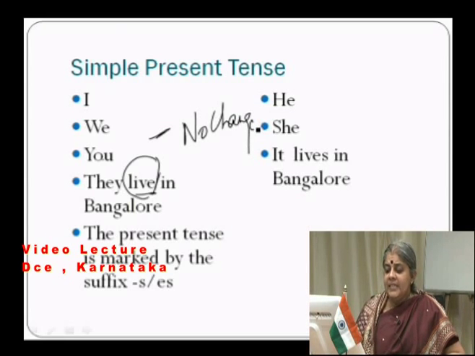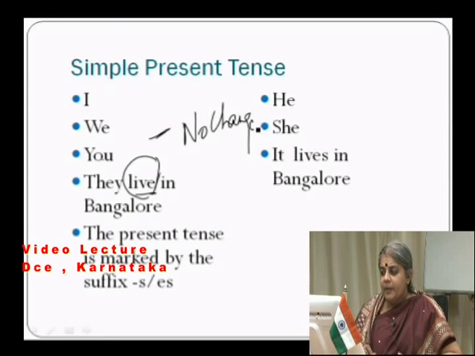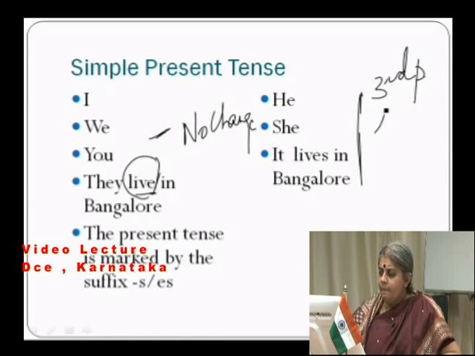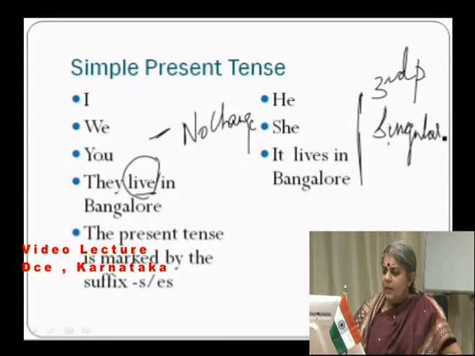Now, the present tense is marked by the suffix -s or -es, especially when we speak of the third person singular. Then you have an S form. That is, he lives in Bangalore, she lives in Bangalore, it lives in Bangalore.